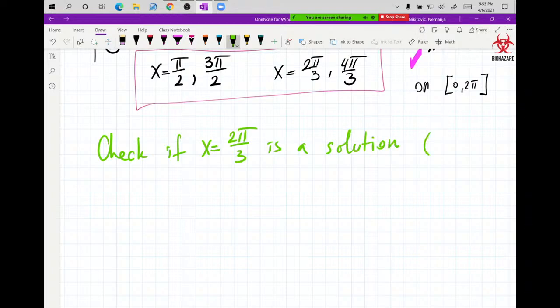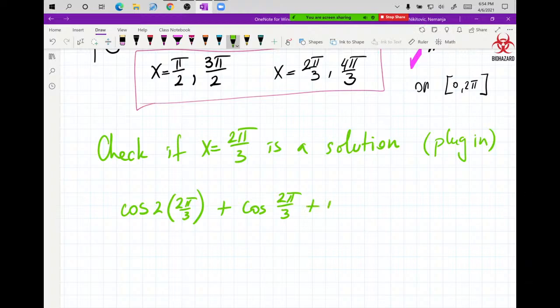Well, just plug in. That's all it is. Now let's see. We were working on problem 74. So it says, oh, green, cosine of 2 times 2 pi over 3 plus the cosine of 2 pi over 3 plus 1 should be 0.